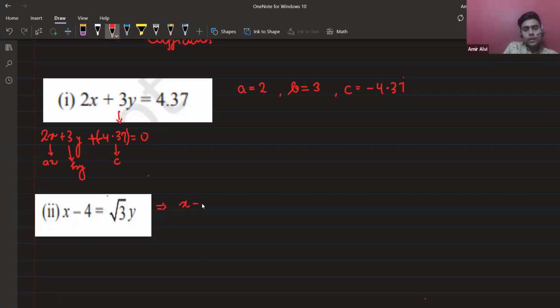You can write x - √3y - 4 equals 0, yes or no? So if the term is here with x, that means 1 is there. If we multiply 1 with any of the terms, it remains the same. So the value of a is 1.